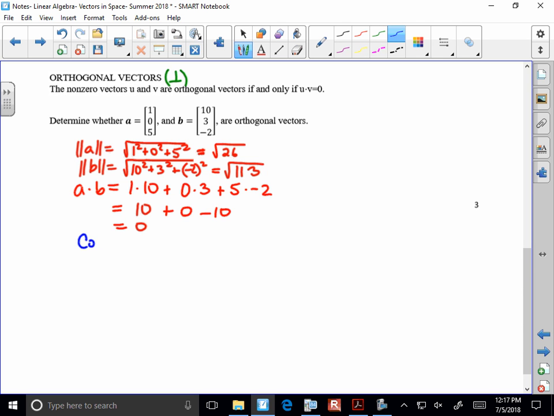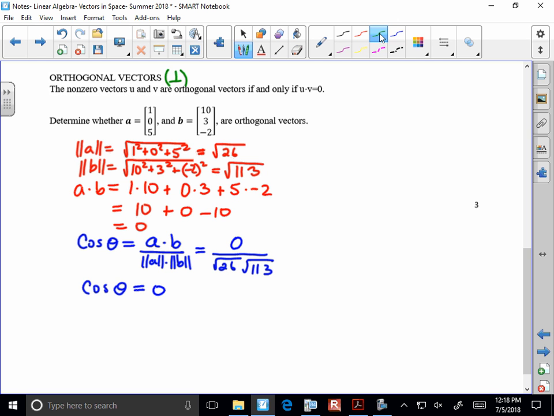Now the cosine of theta is equal to A dot B over the two magnitudes multiplied. So 0 over root 26 root 113. So that tells me that the cosine of theta is equal to 0. Showing all the gory details here. And take the inverse cosine on both sides.